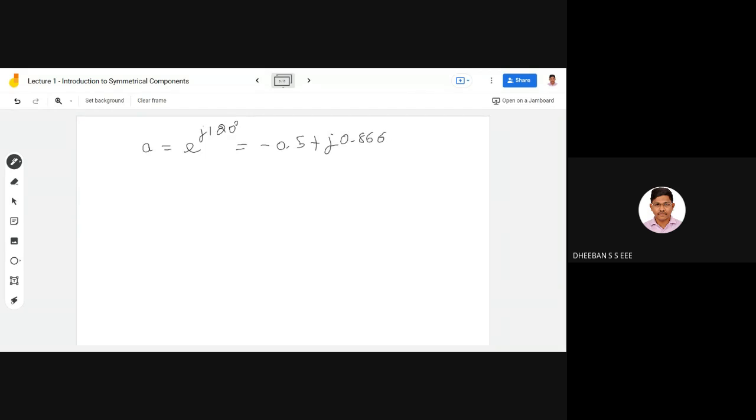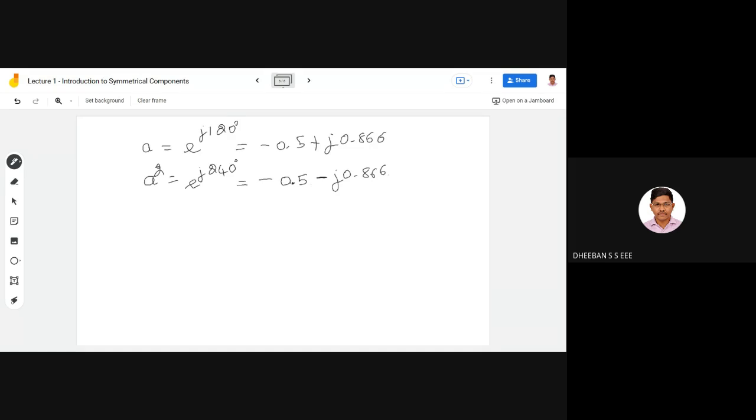Then what happens with respect to A square? A square will be equal to e power j240. The sign change occurs, so here it will be minus 0.5, and here it will be minus j0.866. This is the value of your A square.